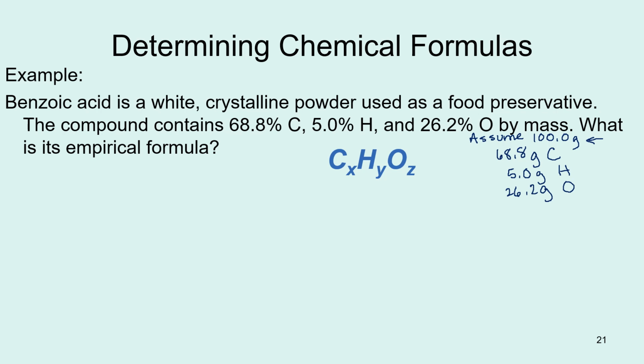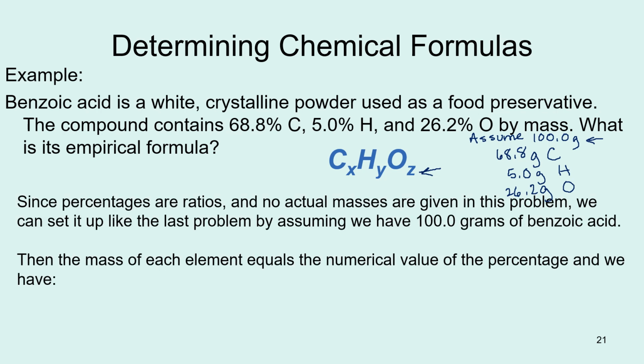But remember, what are these ratios? These are mole comparisons. So the first thing I have to do is convert each of these to moles. Again, if you want to assume 1 gram, then you could divide everything by 100 and you'd have 0.688, 0.005. That would be fine too. You can use anything. Just go with the easiest, which is this.